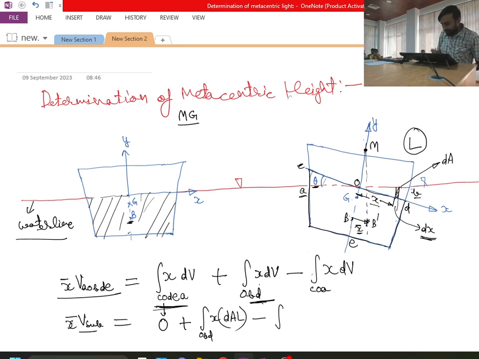Minus integral of, whenever you will be moving to this side, now you have to consider an element over here. And because this body is, if theta is the angle this side, here also the angle is theta only. So I can simply write in a similar fashion L into dA.